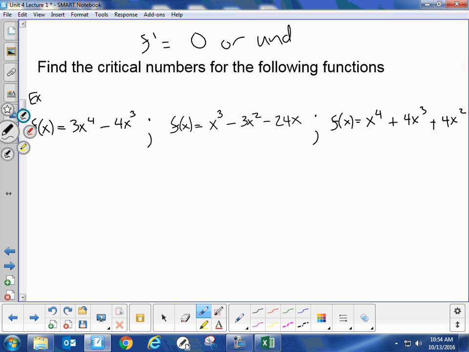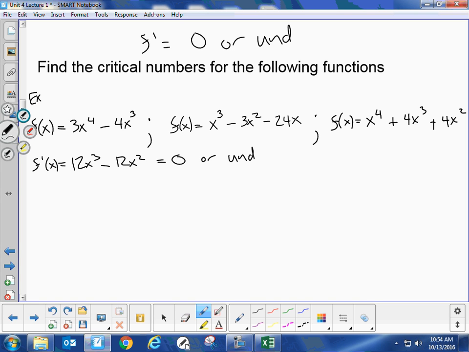Let's start with this first one on the left, 3x to the fourth minus 4x cubed. I will take the derivative. I will set it equal to 0 or see when it's undefined. It's important not to forget about the undefined part.